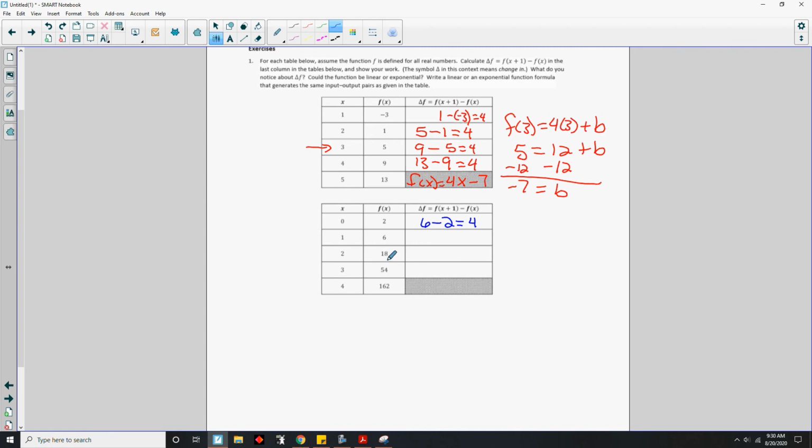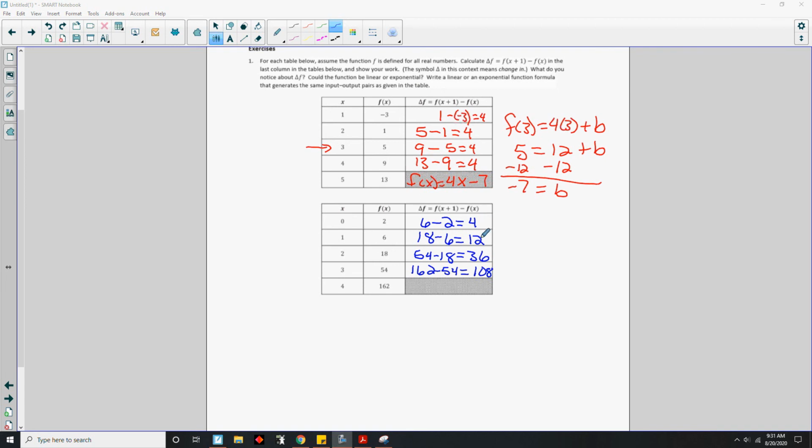Del f equals f of x plus 1, 18, minus my f of x, which is 6, which equals 12. 54 minus 18 is 36. 162 minus 54, well, 162 minus 52 would be 110, but we're subtracting 2 more, so that's 108. Okay, a little bit of mental math there.